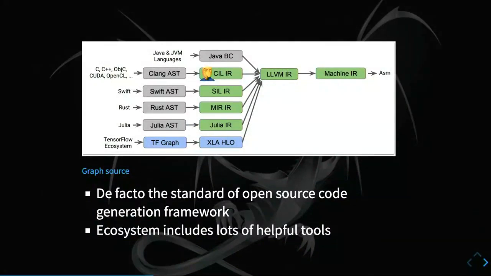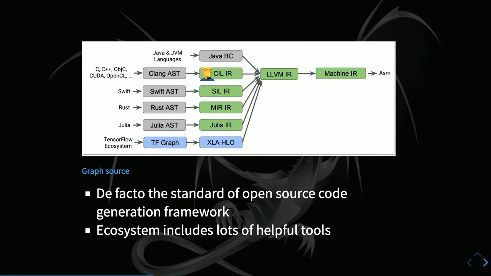Today, LLVM has grown pretty big. You can see that a lot of programming languages today utilize the LLVM infrastructure as their compiler framework. LLVM IR is basically a pretty low-level code generator, and really high-level programming languages, like Swift, Rust, and Julia, for example, or even TensorFlow, have their own high-level IR that can do programming language-specific optimizations.